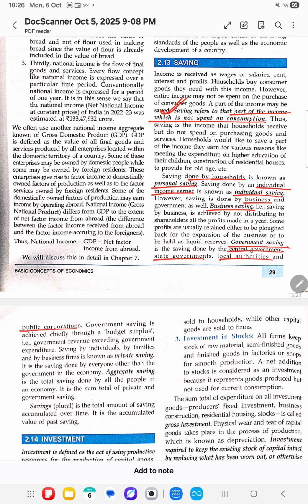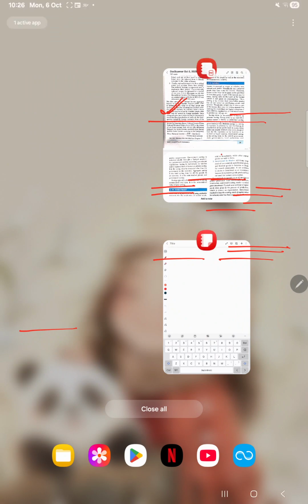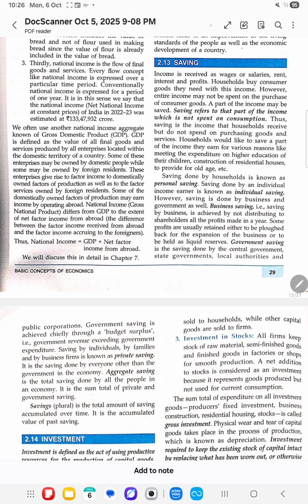Okay. So government saving is achieved chiefly through a budget surplus. Okay, that is when government revenue exceeds government expense. Fine. What do I mean by government expense? All these schemes and policies that the government comes up with, government is using its money to implement these schemes and policies.